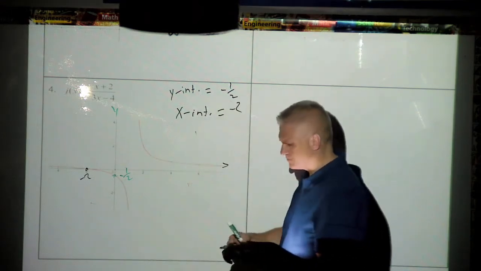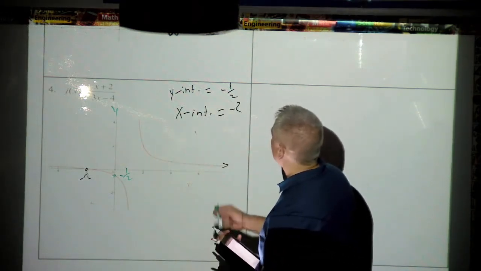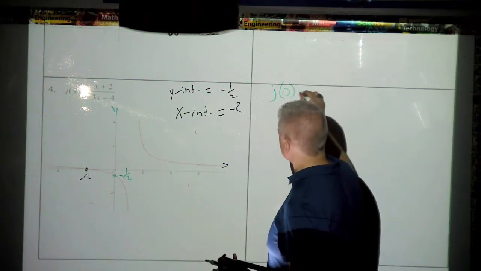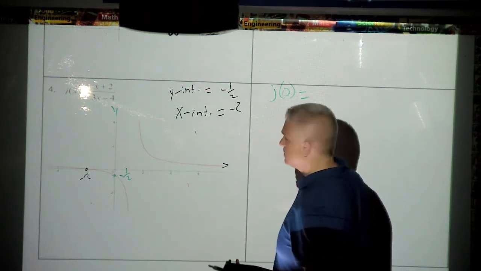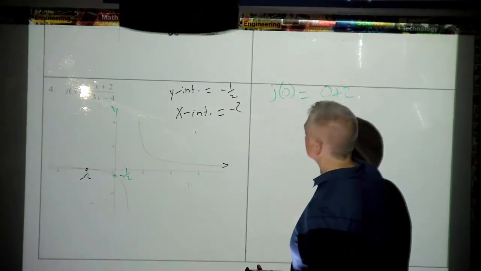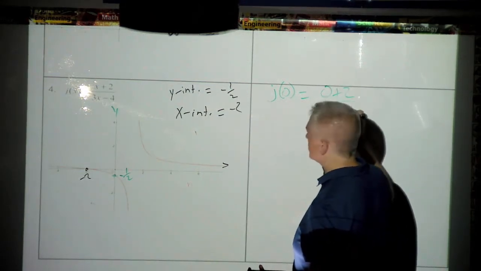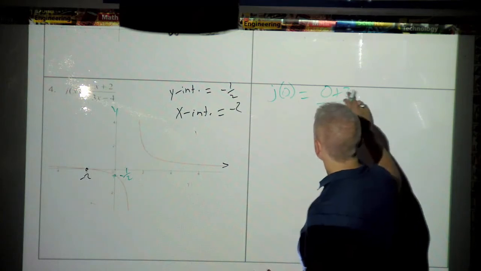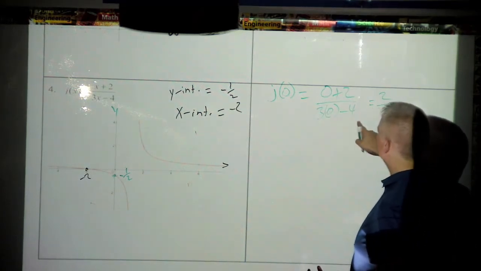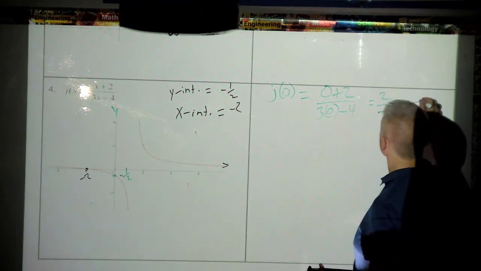Let's try it. Y-intercept, j of 0, because x is 0 for testing for the y-intercept, equals 0 plus 2 over 3 times 0 minus 4. 0 plus 2 is 2. 0 minus 4 is -4.